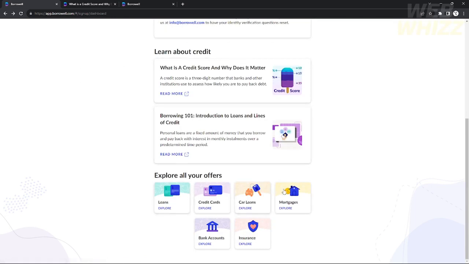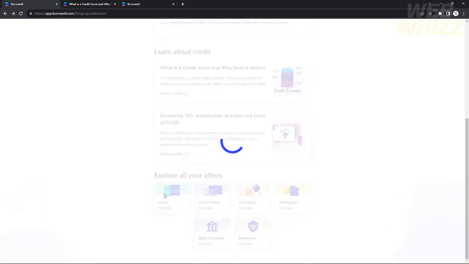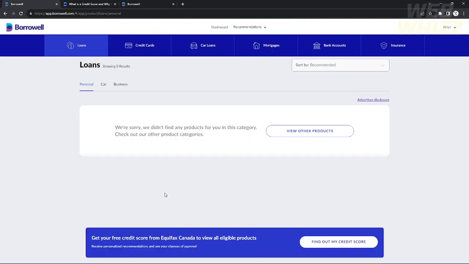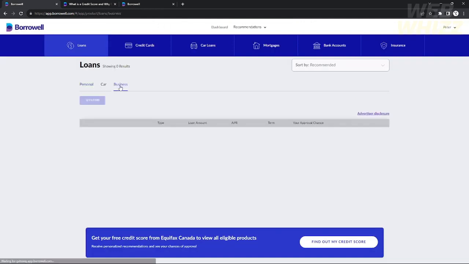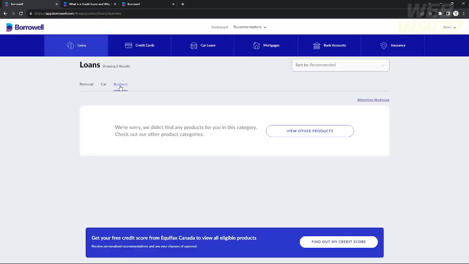And of course, Borrowell has a bunch of trusted institutions, so you can explore all the offers provided by their trusted companies. As you can see, I can get a loan or car loans, for example.